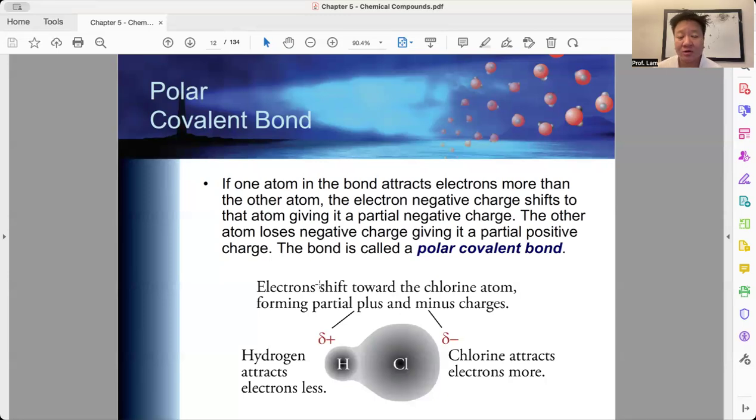But right now, all you need to know is that each atom is different, and their preference for taking electrons is also different. So some atoms are going to want the electron density more, while other atoms don't care. And there's a really easy general trend for you to remember to predict which atom is going to want electrons more.